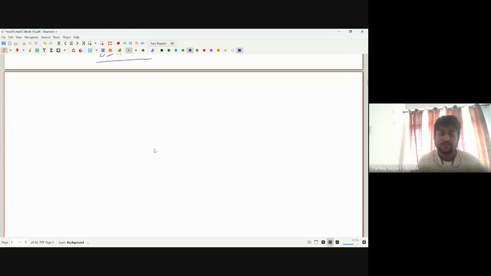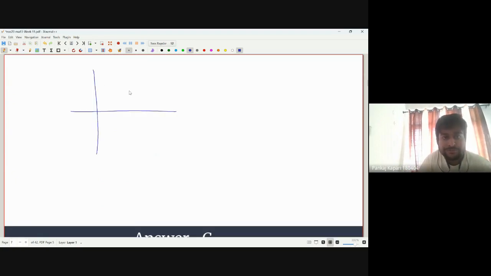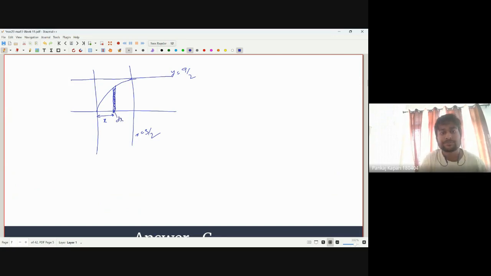Let me explain again here. At a distance of x, we are taking a very small strip of thickness dx, and because the y-axis is the axis of revolution, this x is the radius, and let's say this length y is the shell height.